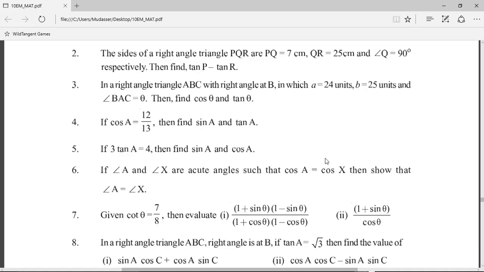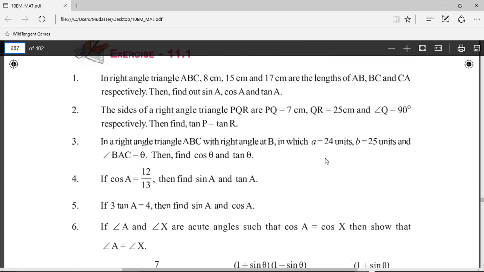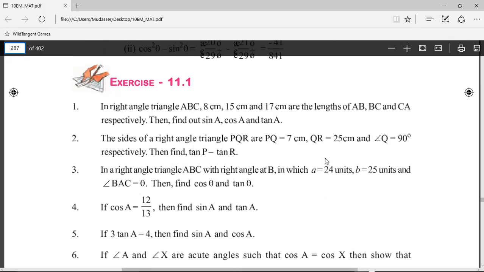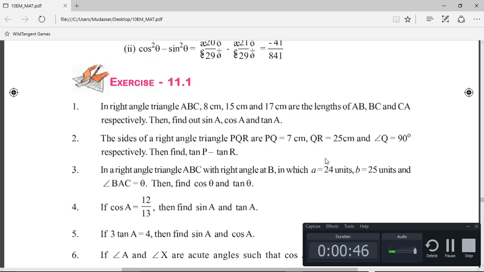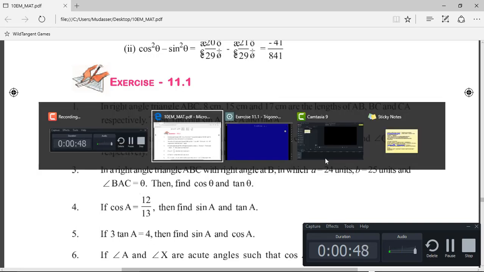Here is the first question, which says, in a right angle triangle ABC, 8 cm, 15 cm and 17 cm are the lengths of AB, BC and CA respectively. Then find out sine A, cos A and tan A. Let me quickly draw a right angle triangle ABC with the given measurements. I'll just draw a rough triangle of it.